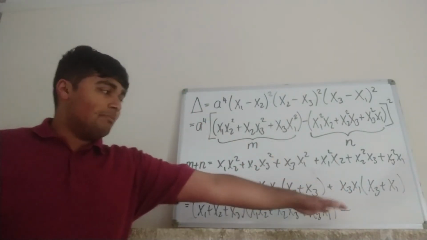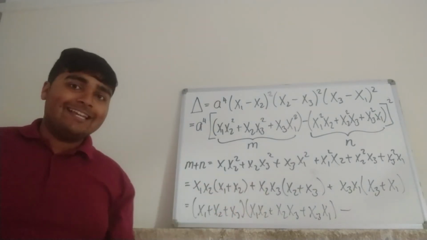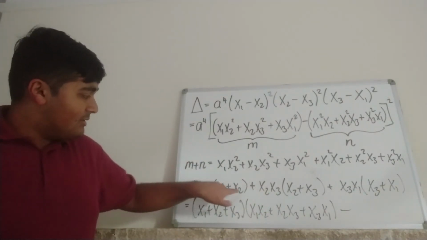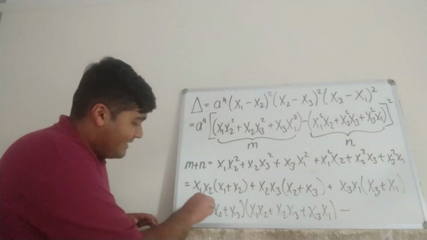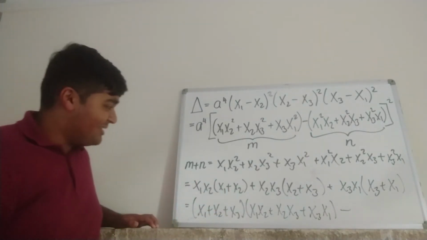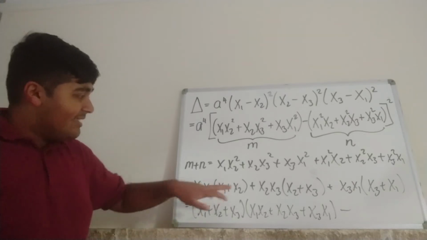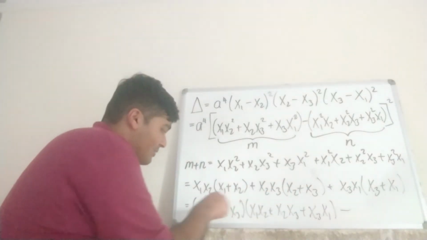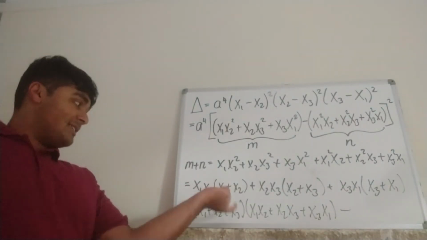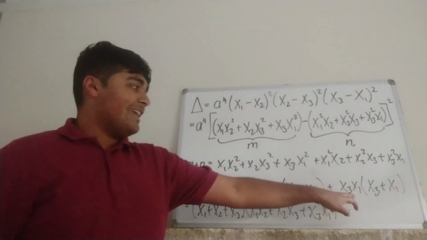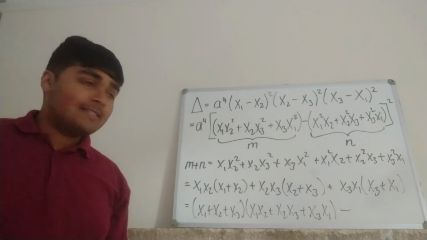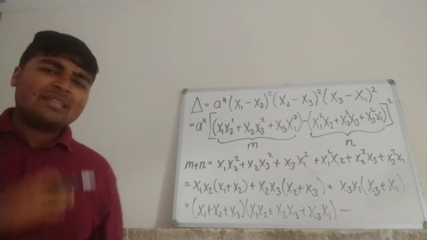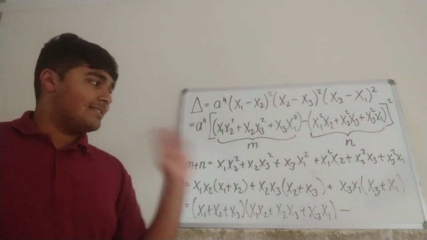The reason I have this minus here is, if you consider this and expand it out, this first term, x1 x2 times (x1 plus x2), comes from this x1 plus x2 times the x1 x2 there. This x2 x3 times (x2 plus x3) comes from x2 x3 plus this x2 times this x2 plus x3 here, and similarly x3 x1 times (x3 plus x1) comes from this x3 x1 times x3 plus x1. But then we've got a few leftover terms which we have to take away.